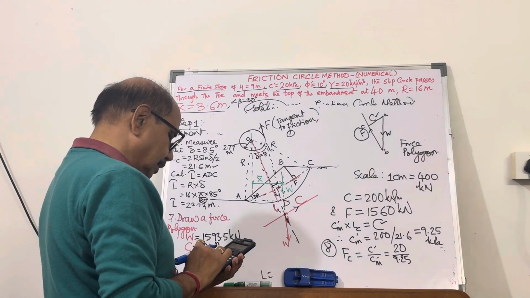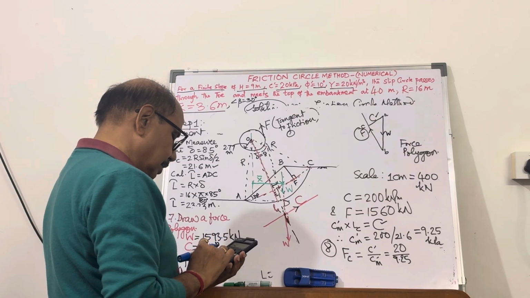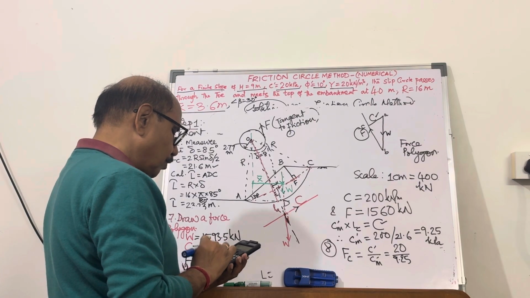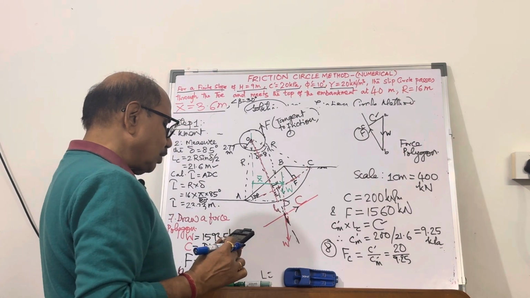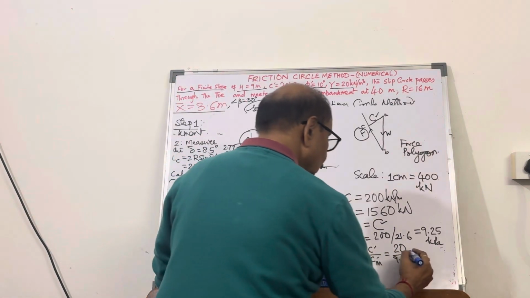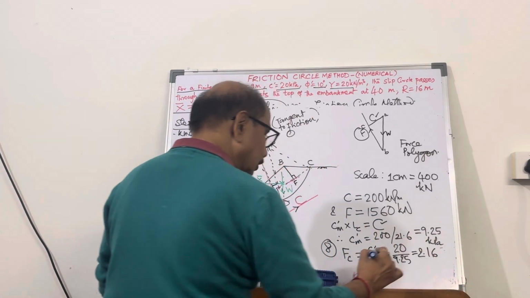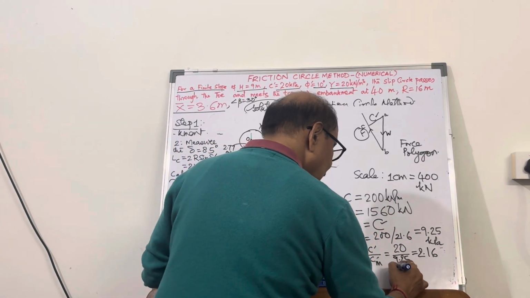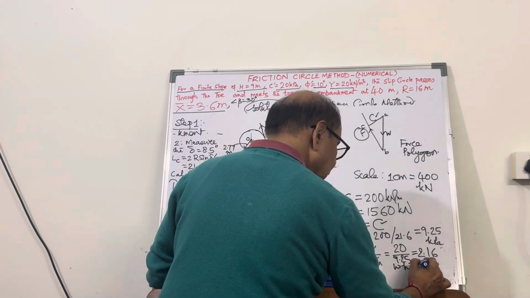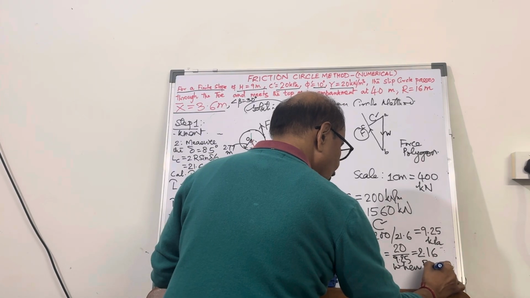So, 20 divided by 9.25 gives you a factor of safety 2.162 with respect to cohesion, when F phi is going to be 1.